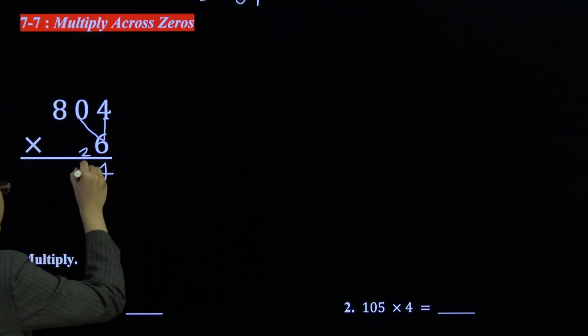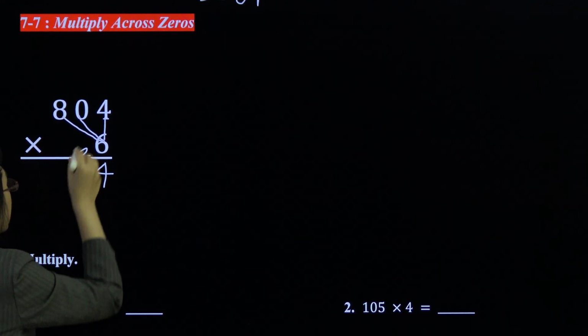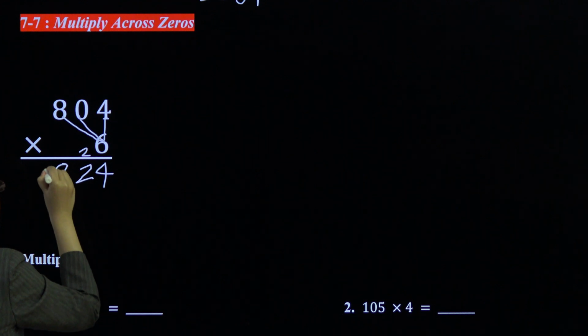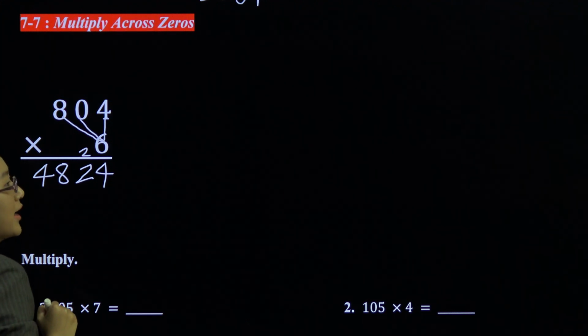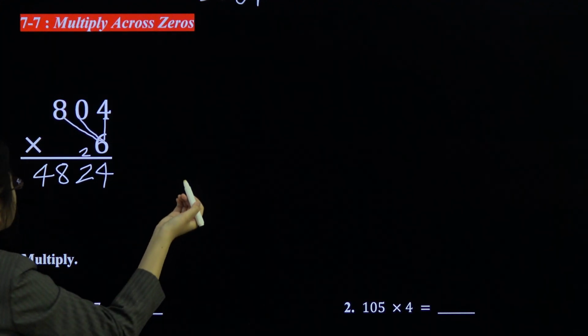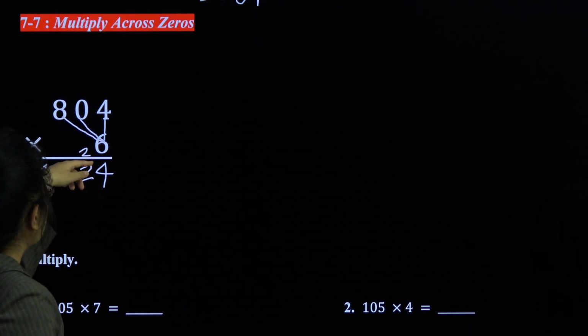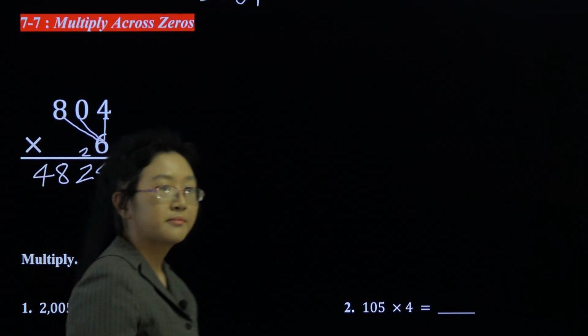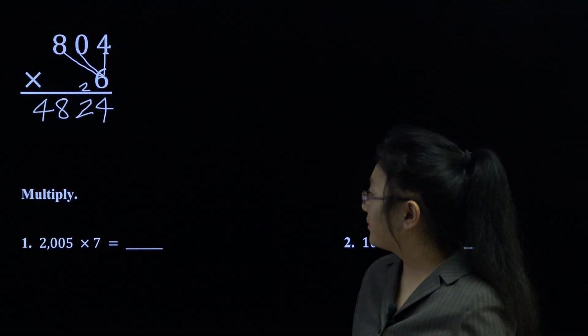So 0 plus the regroup 2 is just 2. 6 times 8, 48. You don't have anything to regroup to, and you get 4,824. Essentially, you just do the same thing, except you add 0 to the regroup thing. Yeah, it really isn't all that different.